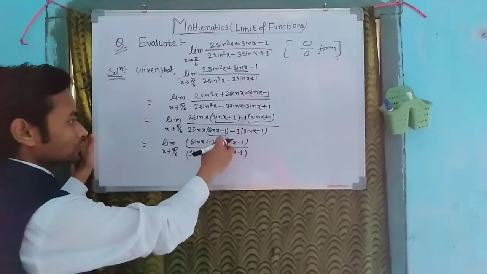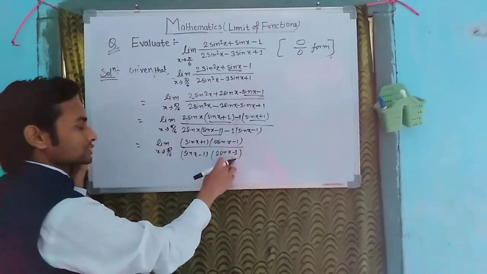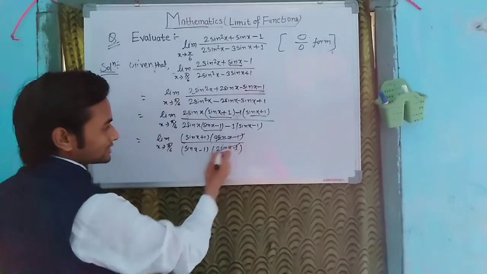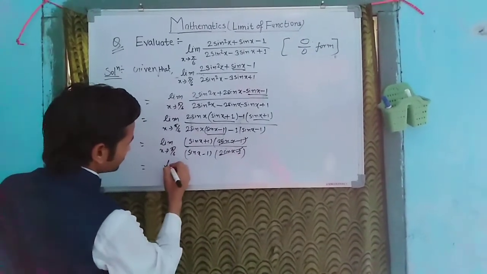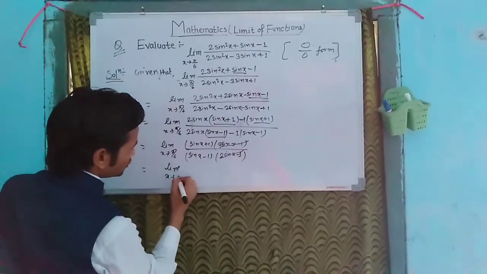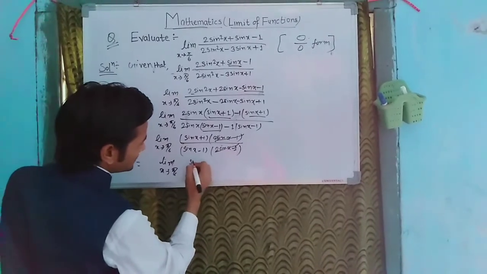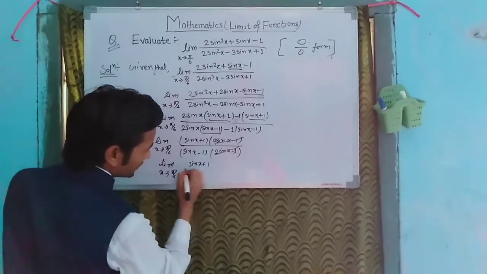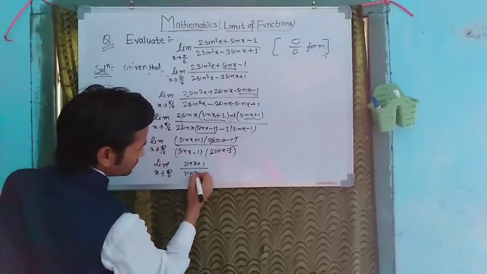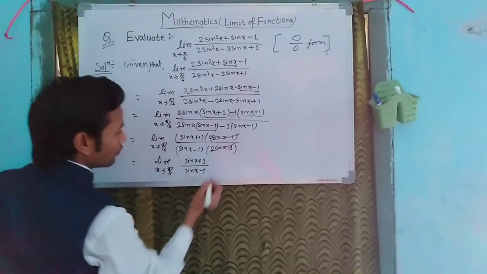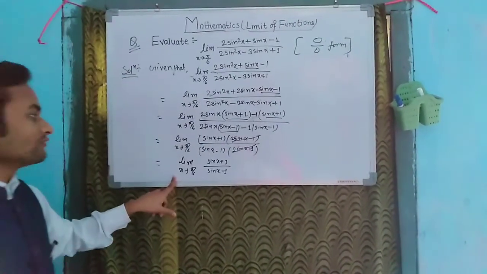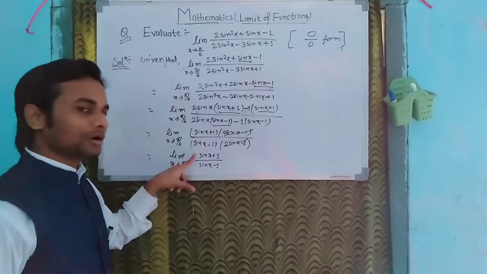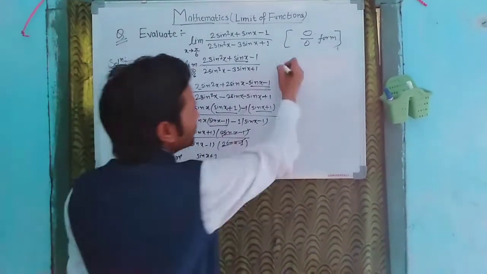You can see 2 sin x − 1 and 2 sin x − 1 will cancel. So we get limit x tends to π/6 of (sin x + 1) divided by (sin x − 1). Now we can put the value x tends to π/6 in the numerator and denominator.